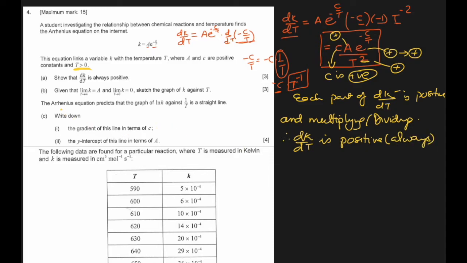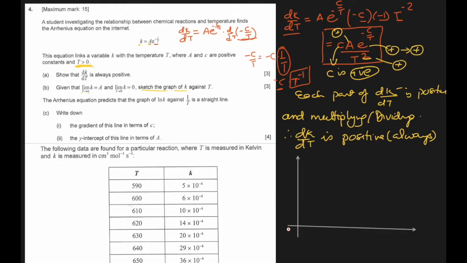All right, given that limit t approaches infinity, whenever t approaches infinity, k is equal to a. So k is equal to a. All right, so they're asking us to sketch a graph of this. So let me take a line first. Okay, so as t is approaching infinity, this is t.